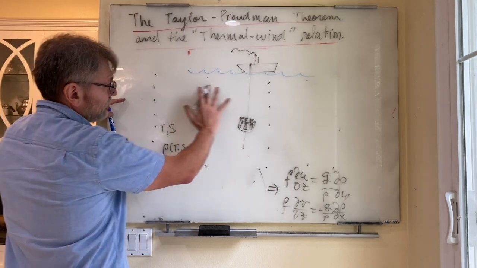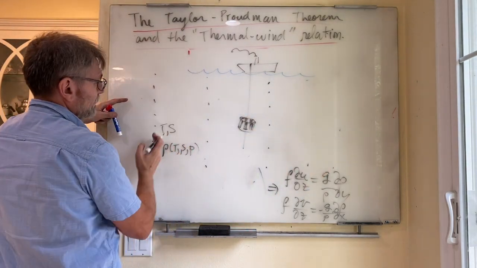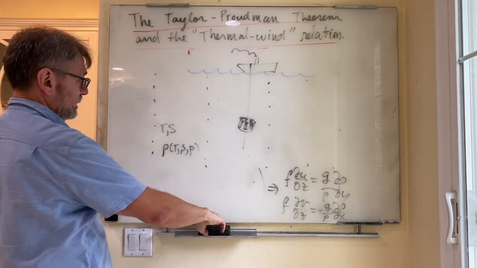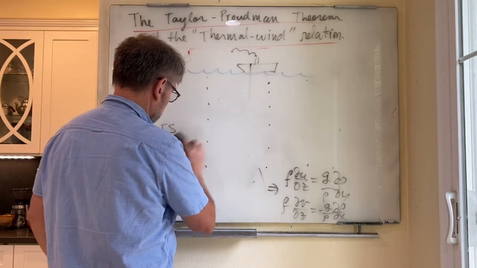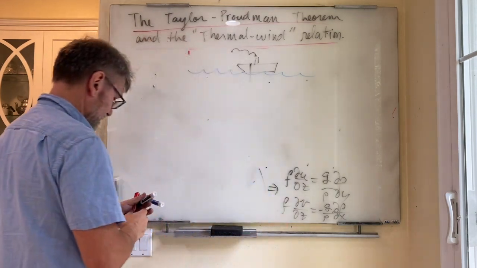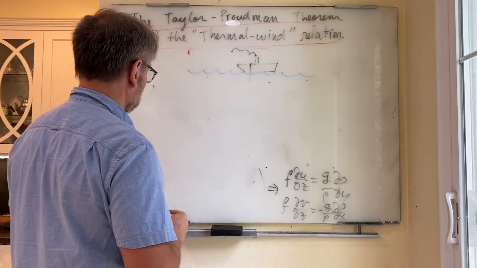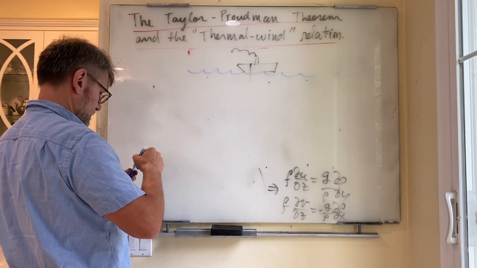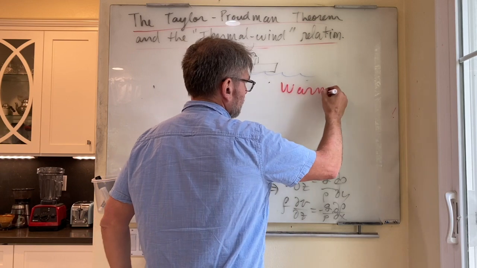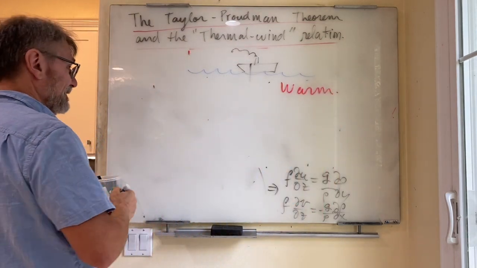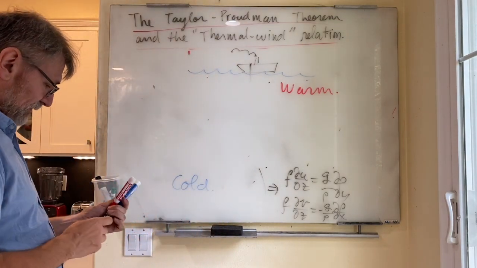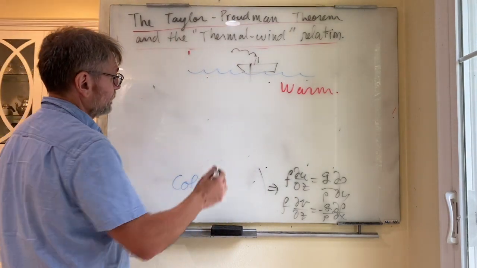Now we can make a map of the density, right? If we measure this sampling at a high enough resolution, we can now plot density surfaces. So I'll make an imaginary set of density surfaces here. Suppose we are going north and there's warm water over here and there's cold water at depth down here, and the surfaces of constant density look something like this.